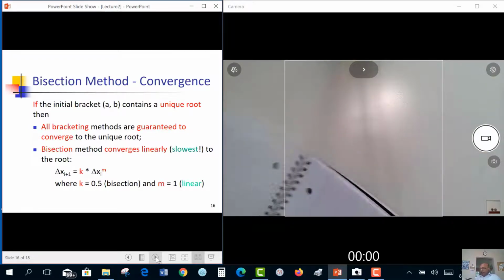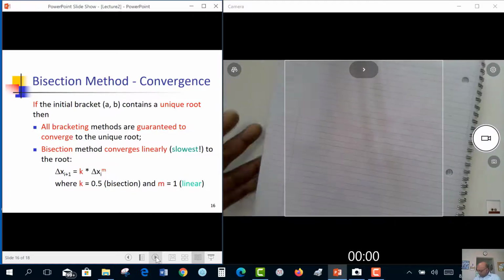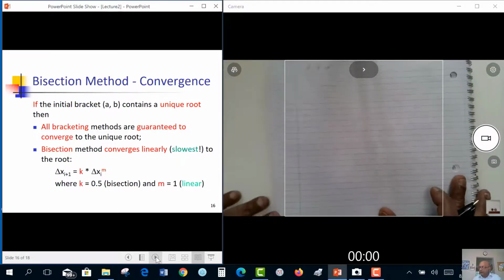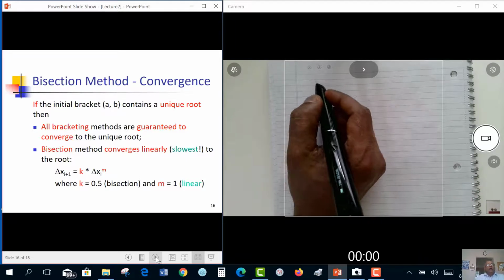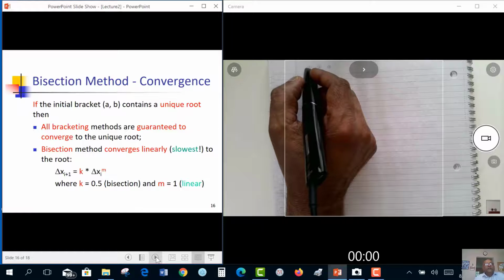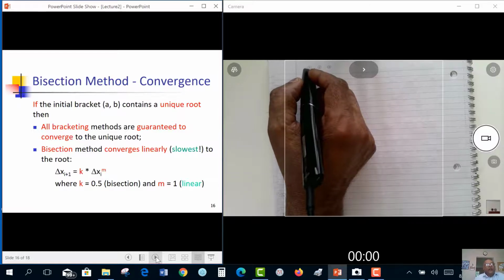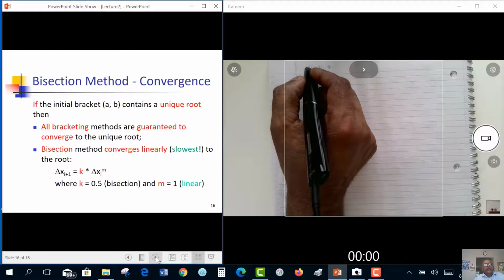So let's see the convergence behavior of the bisection method. If the initial bracket AB contains a unique root, we know all bracketing methods are guaranteed to converge to the unique root.